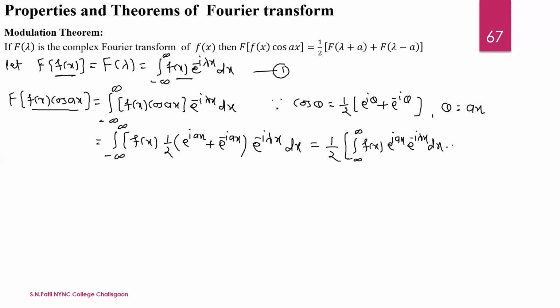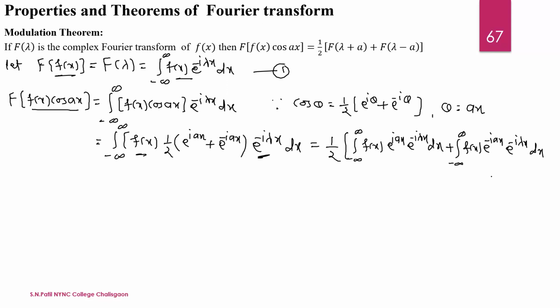Now plus, multiplied to the second term, integral from minus infinity to plus infinity f of x e to the power minus I ax into e to the power minus I lambda x dx.